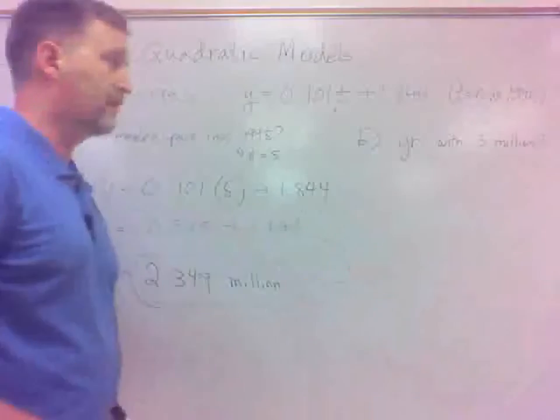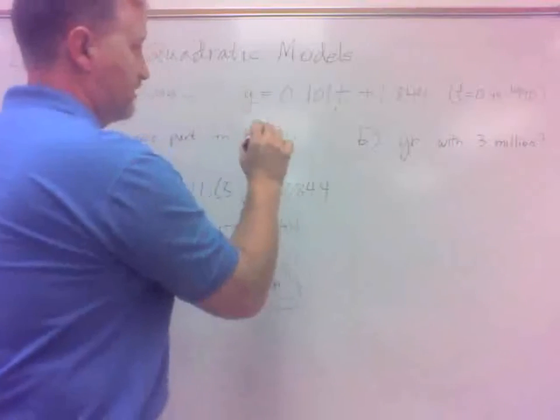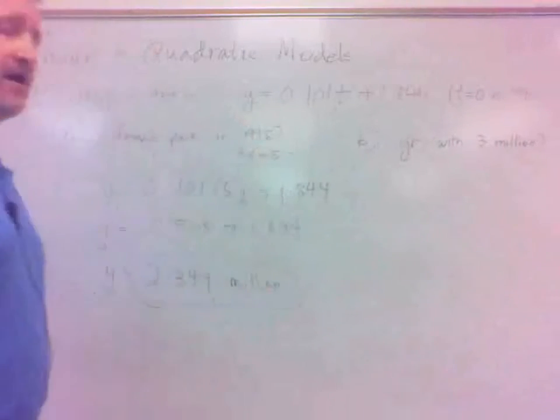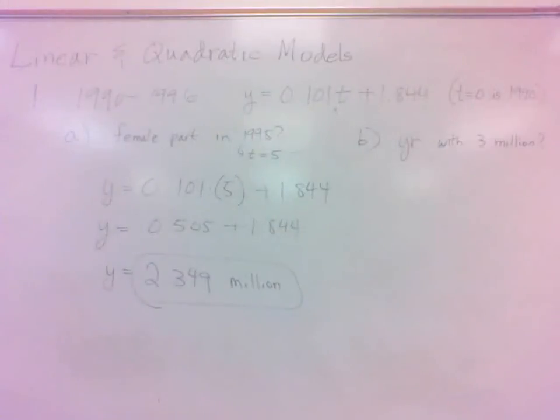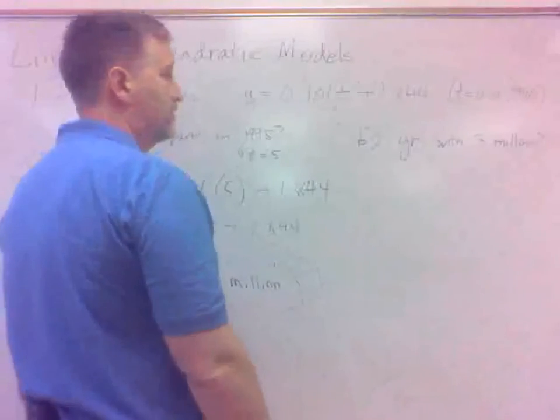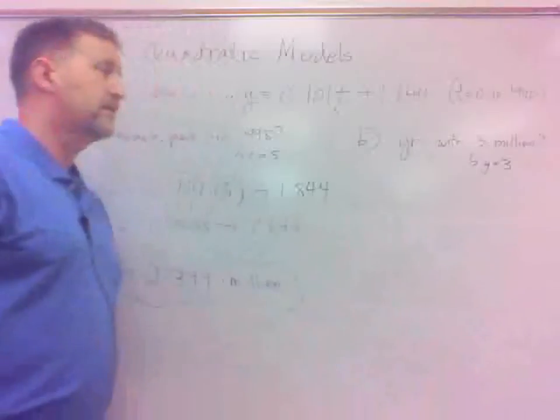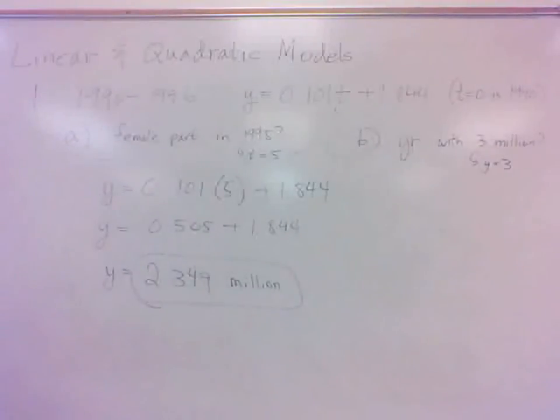If I know I want 3 million participants, isn't that telling me that in my model I want y to be 3? Yeah, that gives me a value that I'm seeking of y equals 3.